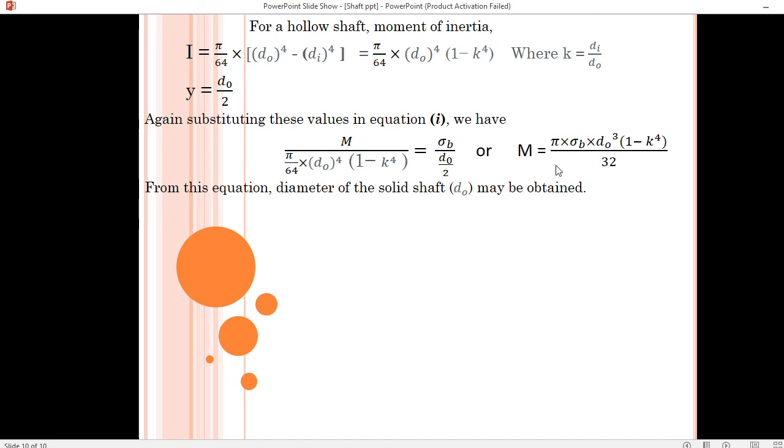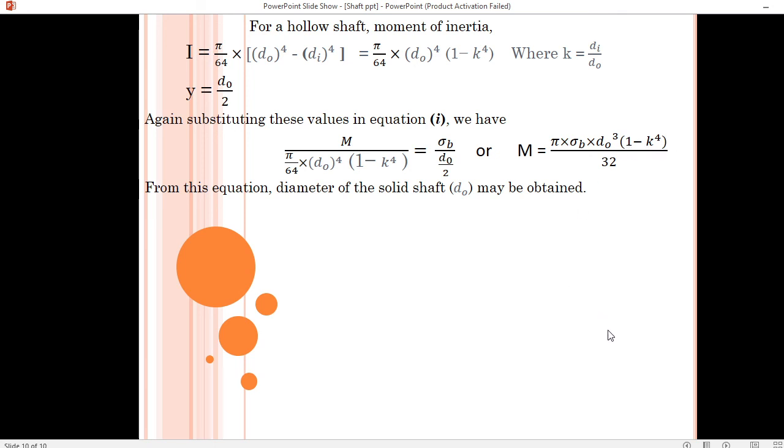Here the values get multiplied, and M is equal to pi into sigma b d0 cube into 1 minus k to the power 4 divided by 32, as 64 is cancelled by 2. So the answer is pi by 32 sigma b d0 cube into 1 minus k to the power 4.